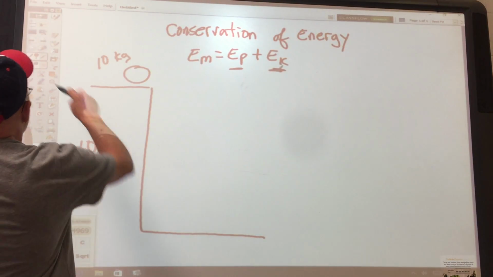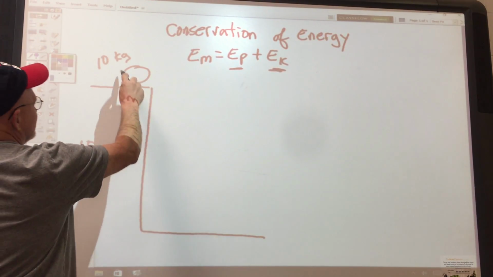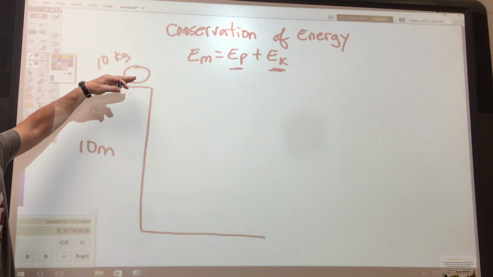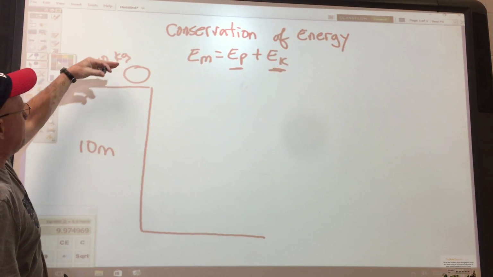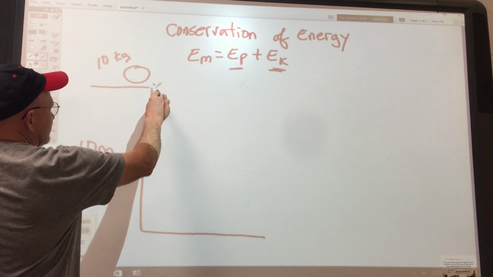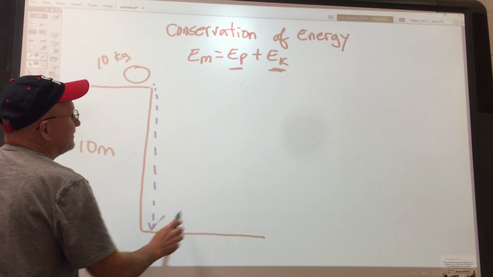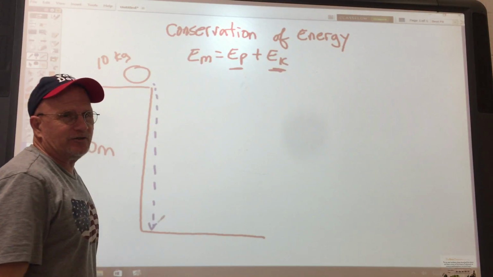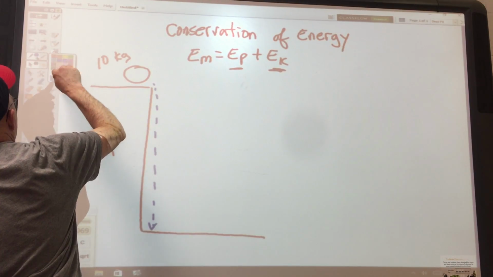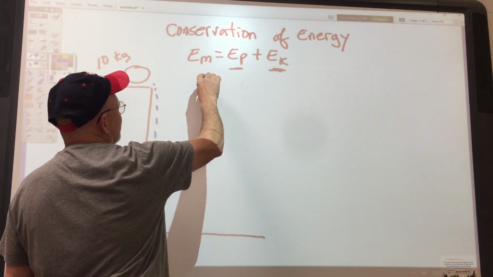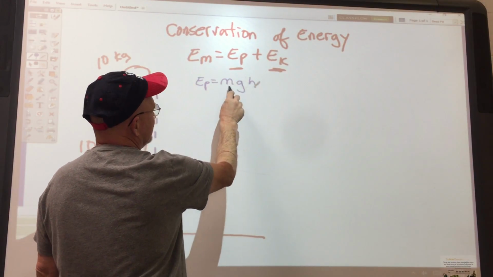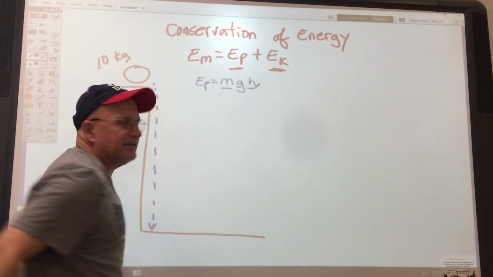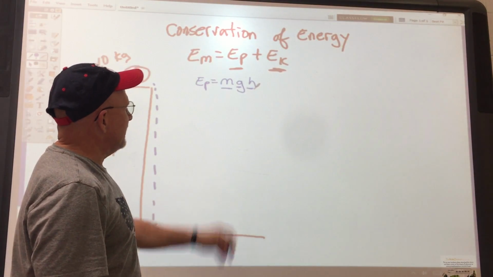Okay, so let's look at our little ball example that's sitting 10 meters high, has a height of 10 meters, and it has a mass of 10 kilograms. So we know that if it's at that height, I can find its potential energy by taking its mass times the acceleration due to gravity times the height.